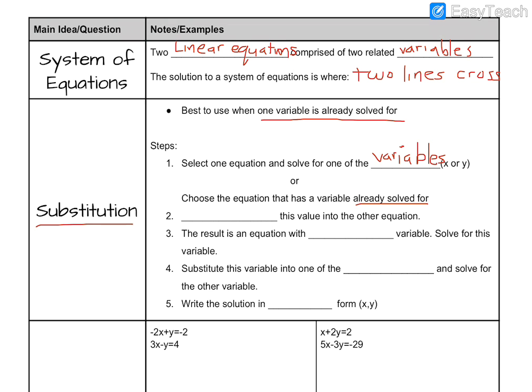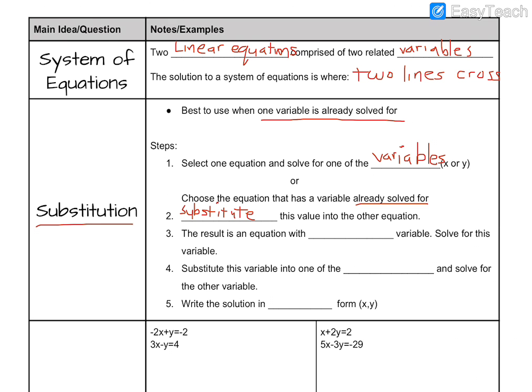Alright, our second step is to substitute that value into the other equation. So whatever we end up with, we're going to take that whole expression and put it in wherever we see the x or y in the other equation.